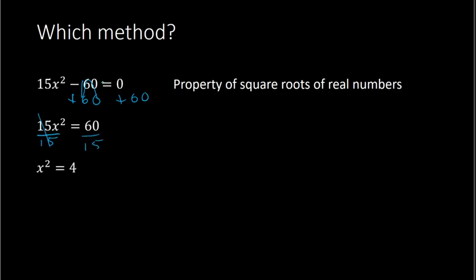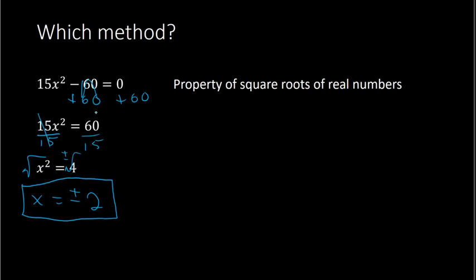We now have x squared equals 4. At this point, we could take the square root of both sides. So we have x over here, and on the right side, we have positive or negative square root of 4, which would be 2. So my final answer would be x equals positive 2 or negative 2. Notice either method that we use, we still get the same answer.